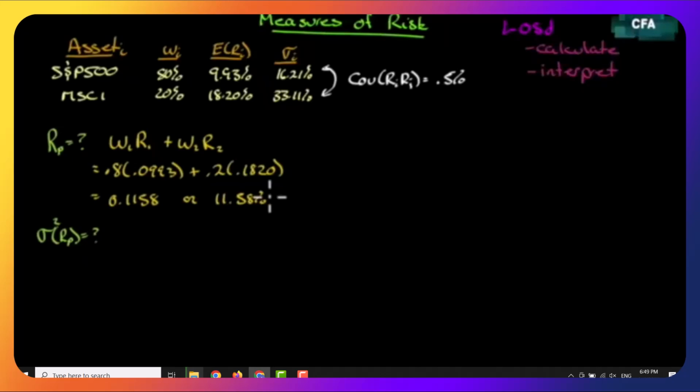Let's do the variance of the portfolio, and you'll recall that it was the weighting squared on the variance of the first asset plus the weighting squared of the variance of the second asset plus 2 times weighting 1, weighting 2, multiplied by the covariance of R1, R2.